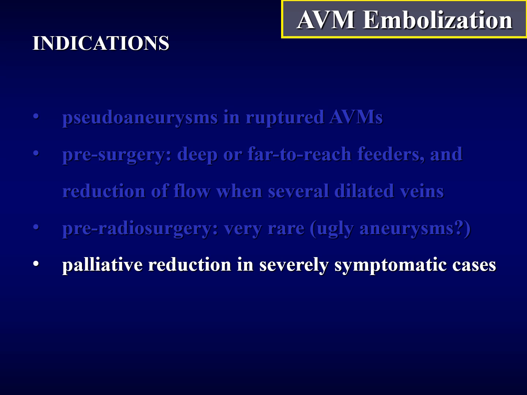In some severely symptomatic cases, sometimes we go on and embolize AVMs in order to have a reduction of flow and have an improvement of the clinical situation, especially if there is a progressive worsening, which could be a hemiparesis, which could be an aphasia.